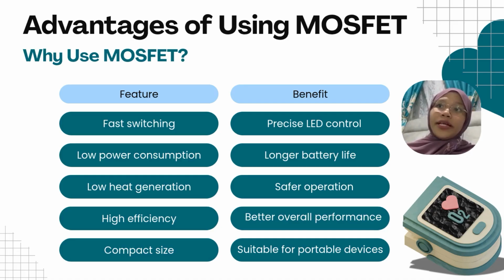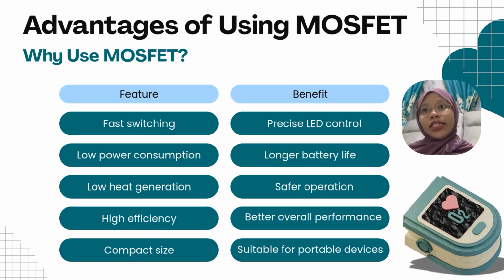There are several advantages of using MOSFETs in pulse oximeters. First, MOSFETs provide fast switching, which allows precise control of the LEDs. Second, they consume very little power, helping to extend battery life and making portable devices more efficient.